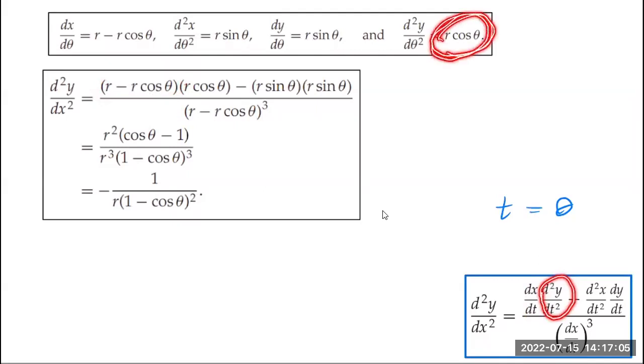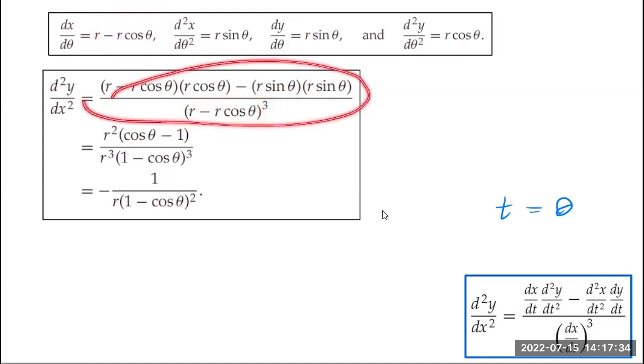Then d squared x over dt squared, which is r sine theta, times dy over d theta, which is r sine theta. In the bottom you should have dx over dt to the power 3, which is r minus r cosine theta to the power 3. Now it's all about simplifying this expression.